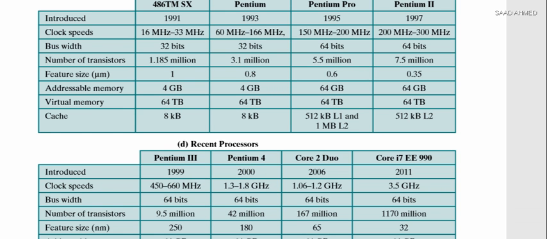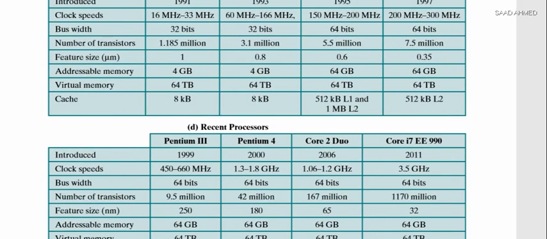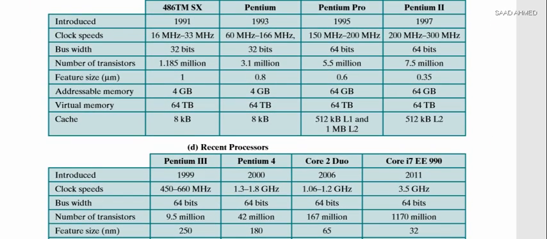Then look at the Pentiums, the Pentium 1, the Pentium 2, and the Pentium 4, which is 64 bits with addressable memory of 64 GB, virtual memory of 64 terabytes, and cache memory of 512 KB.